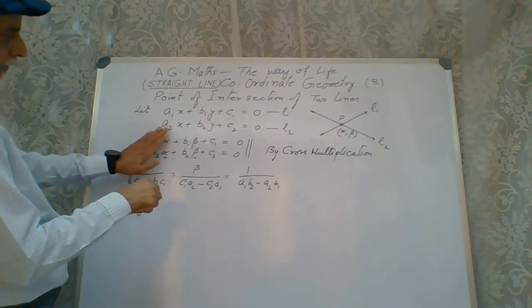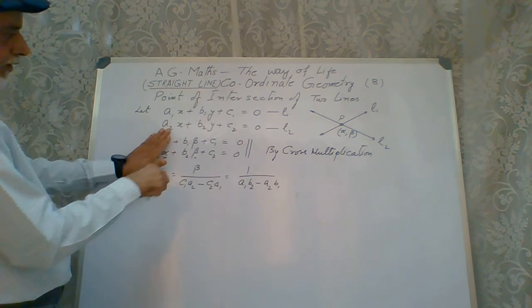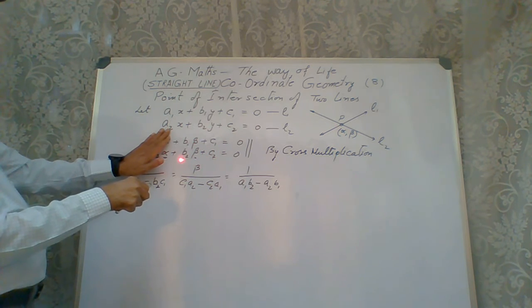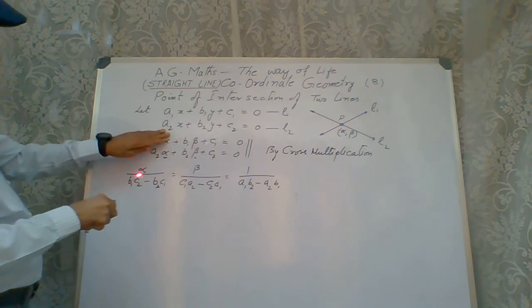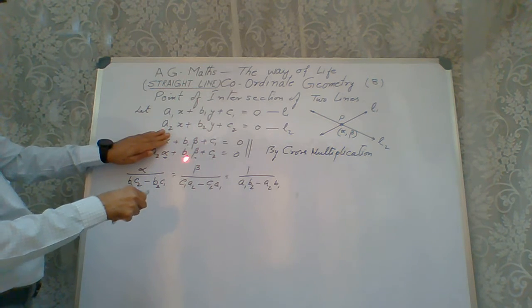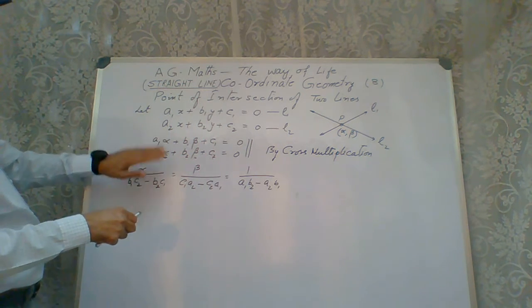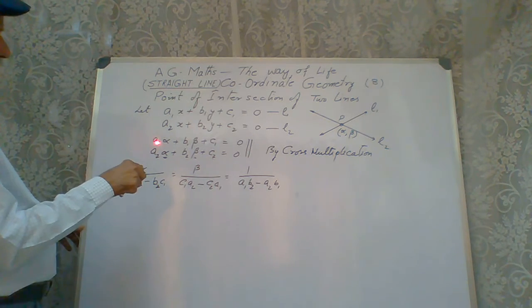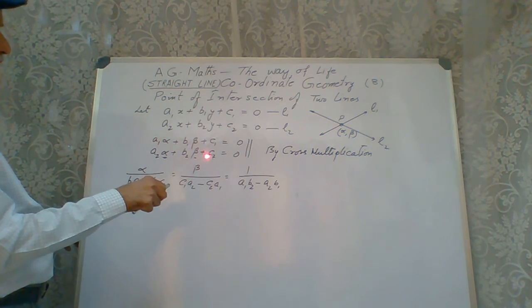When you are writing for alpha, you cover alpha from b1, c2, then subtract b2 into c1: b1 c2 minus b2 c1. When you write for beta, cover beta and look here, the coefficient of alpha multiplied to c2.